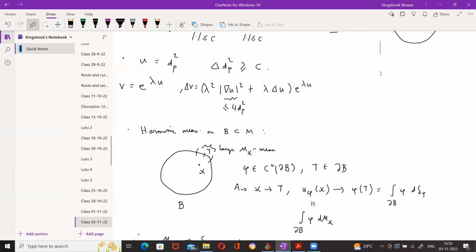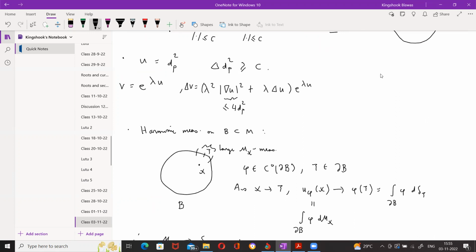But we do have a Poisson formula in the sense that any harmonic function in the ball with continuous extension to the boundary is described by an integral with respect to the harmonic measures. And actually, what is the Poisson kernel for the finite ball?